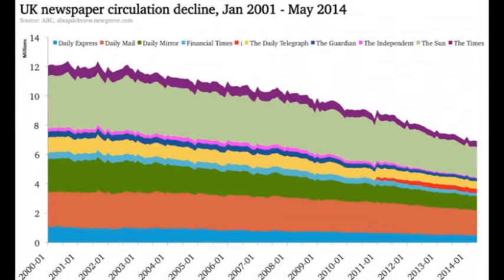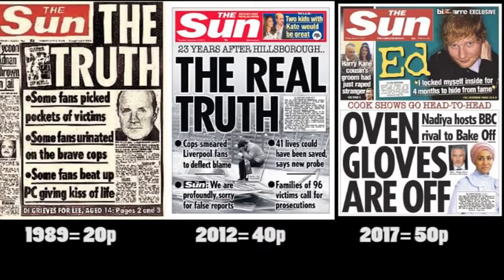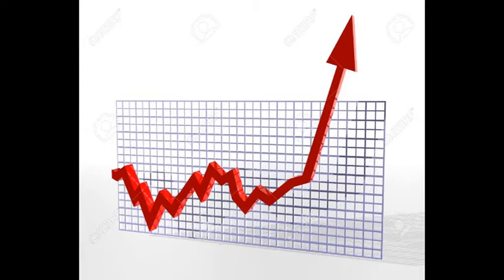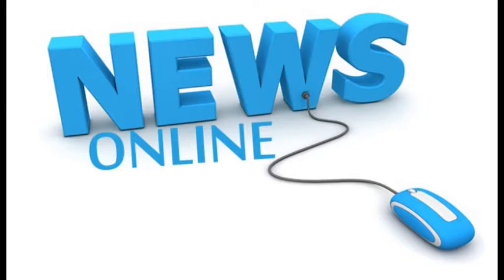So with the rise in price, there is at least sometimes a loss in readership because some readers are indignant that something that cost them 20p when they first started reading it is now 50p, so they stop buying it. So every time a newspaper loses significant numbers of readers, the price rises to compensate. And this is not a good long-term strategy when you are up against news online that is free.